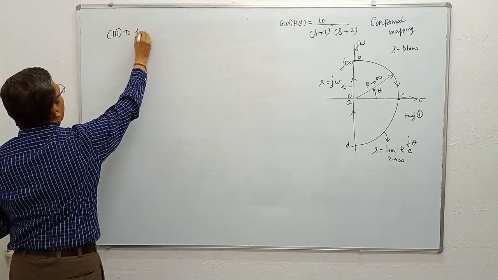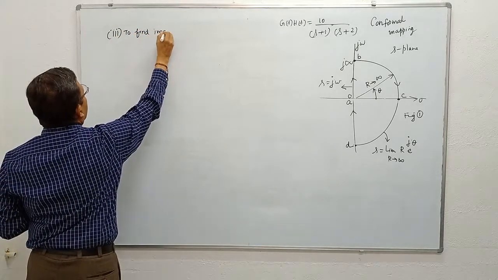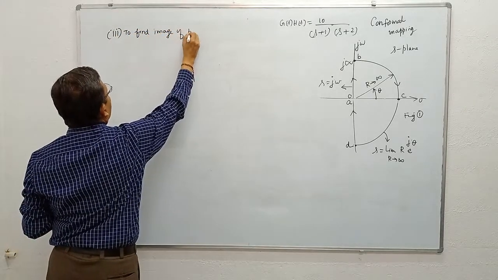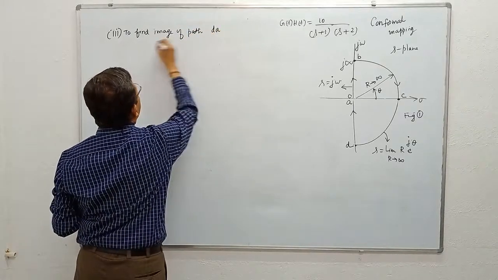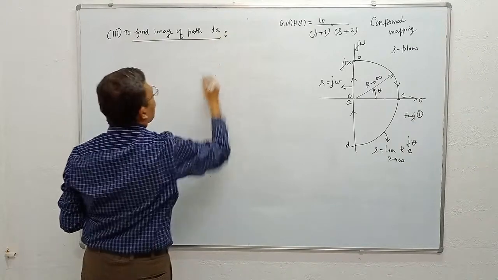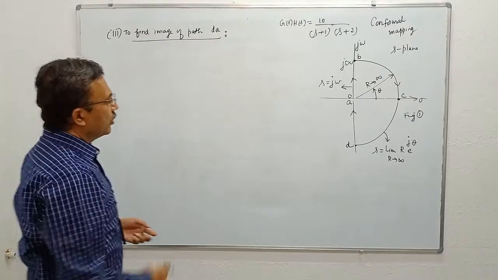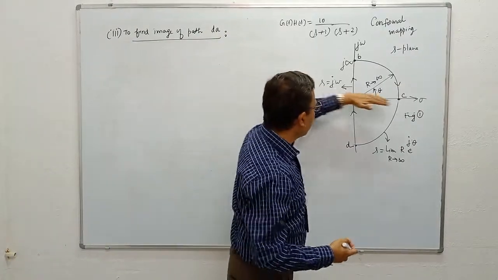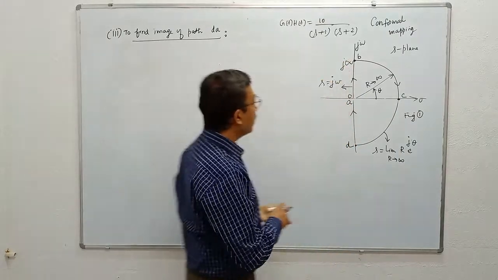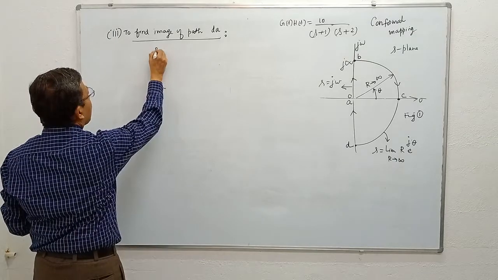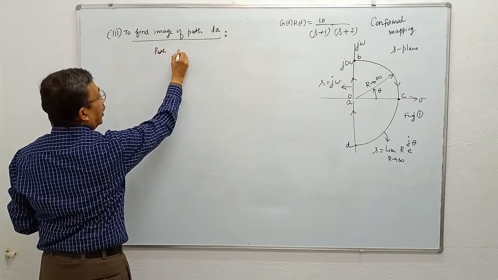Section 3, to find the image of path DA. See, if you keep a mirror on the x-axis, DA is the mirror image of path AB. So I am going to say path D dash A dash.